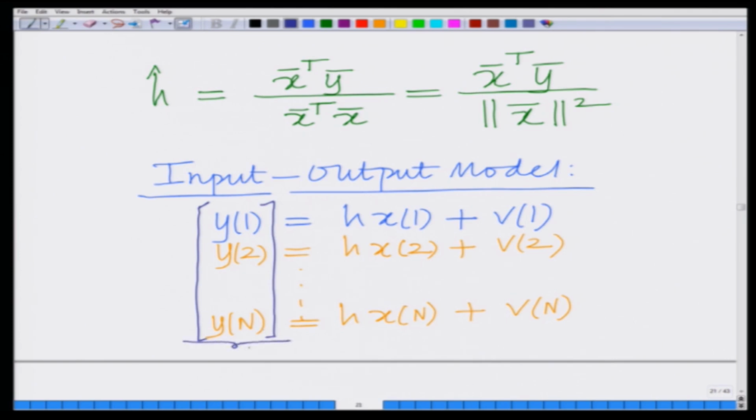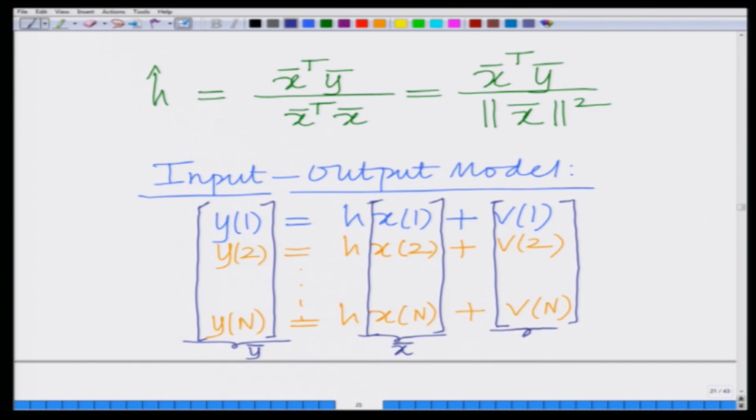plus vn. So, vectorizing this to write it in a compact fashion, we have y bar equals h times x bar plus v bar. We have seen y bar is the observation vector, x bar is the pilot vector. Now, we have v bar, and this is the noise vector.